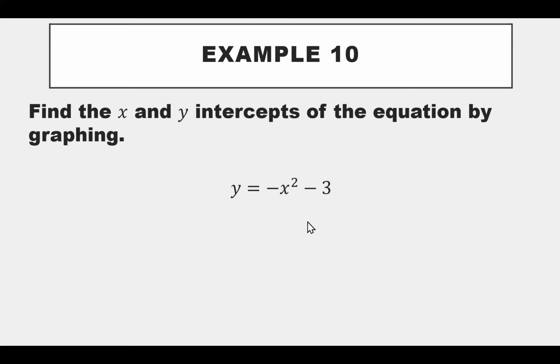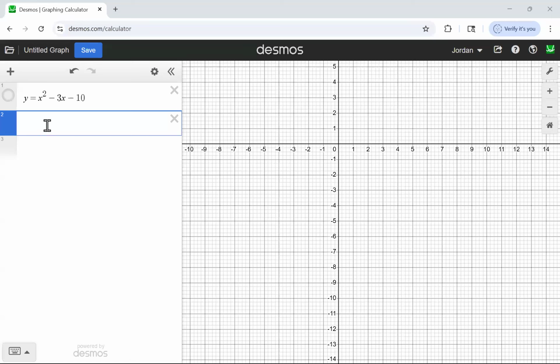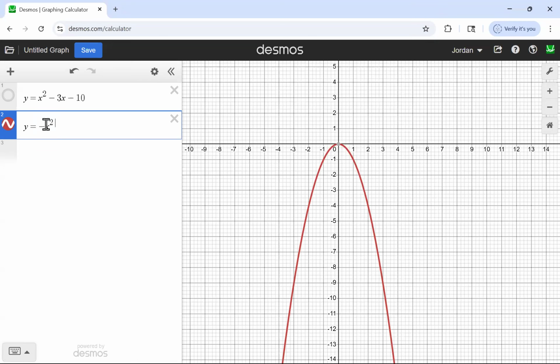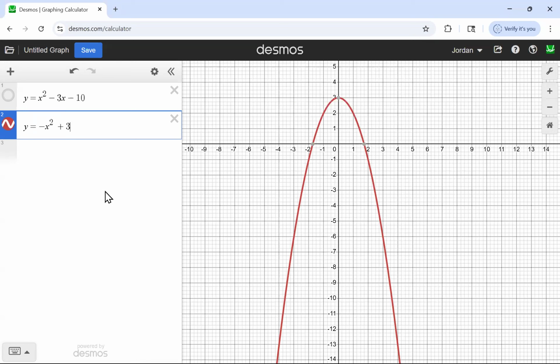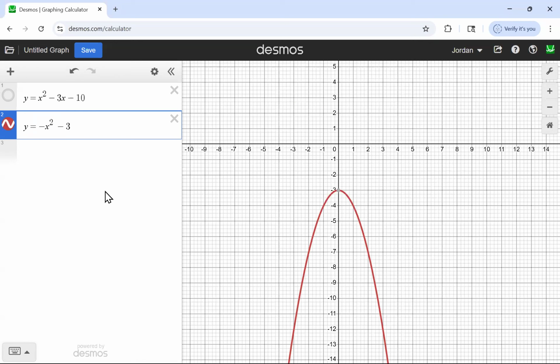Again, if you want to graph in the TI-84 calculator, then that would be great too. Again, another video will show you how to do that. So once again, I take a blank spot and I type in y equals negative x squared minus 3.